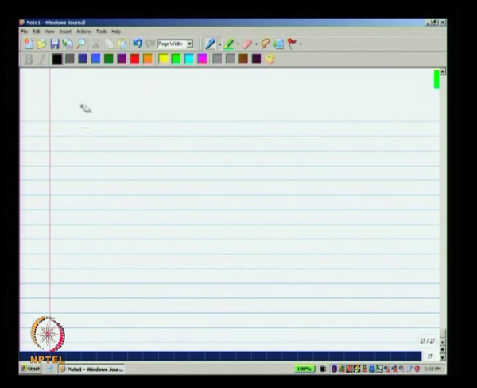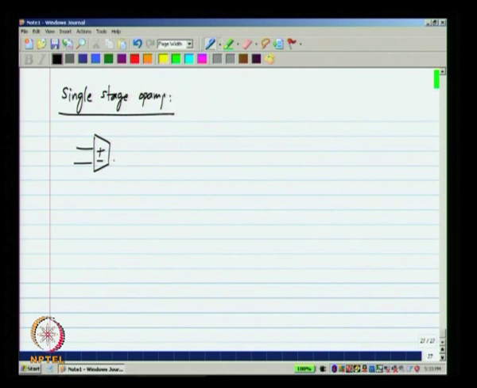First of all, let me start with the simplest op amp that I had, which is just that one. Okay.